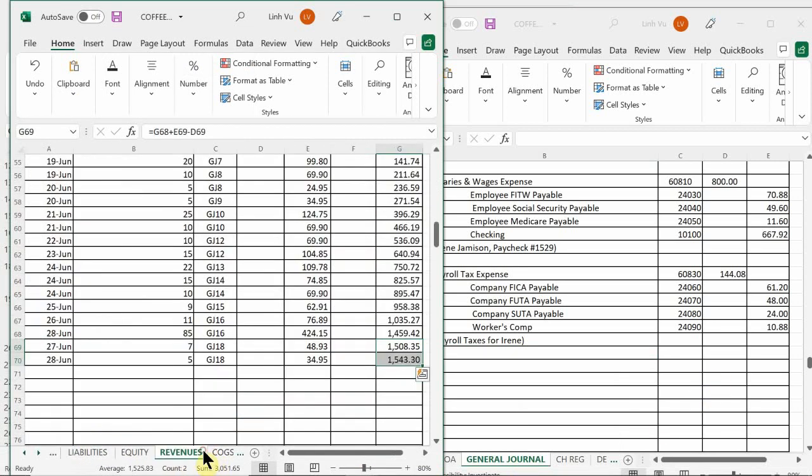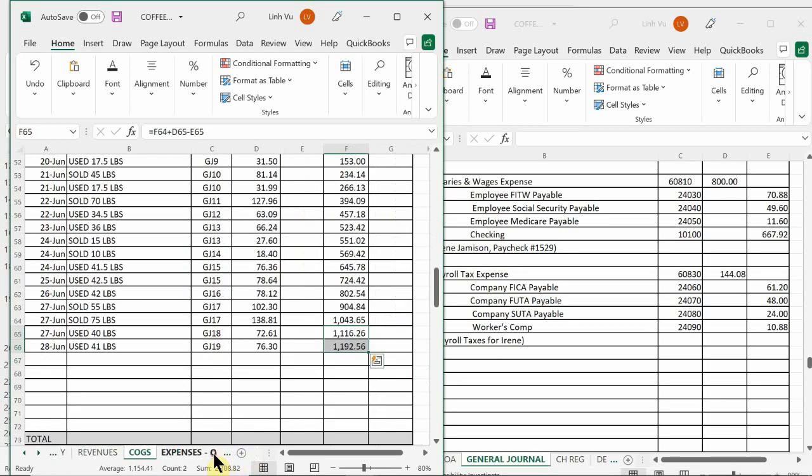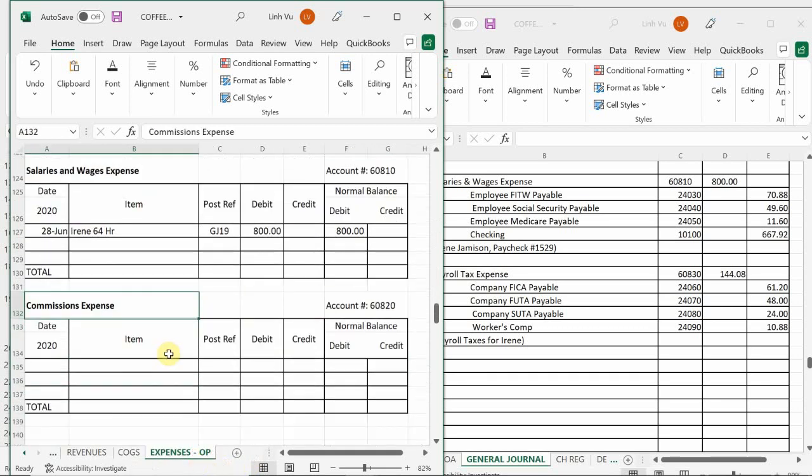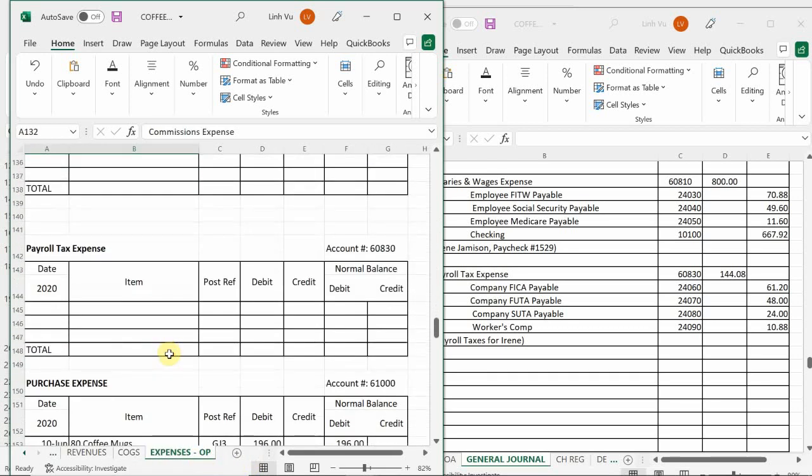Starting with our payroll tax expenses, right? This is for Irene, and she gathered up a total of $144.08. Okay.